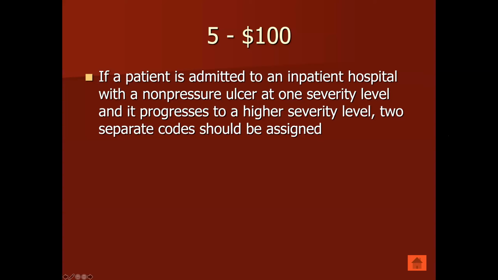If a patient is admitted to an inpatient hospital with a non-pressure ulcer at one severity level and it progresses to a higher severity level, two separate codes should be assigned.